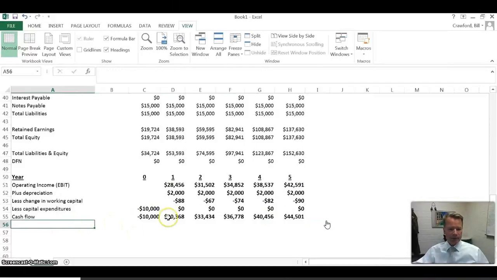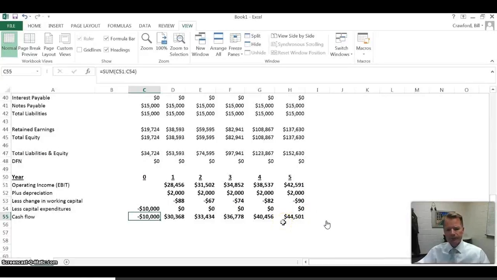What that means is, in this example, we're going to put $10,000 in today, and then a year from now, we expect to get $30,000 in cash back to us. And then 2 years from now, 33,000, and 3 years, 36, all the way up to 44,000 at the end of year 5.